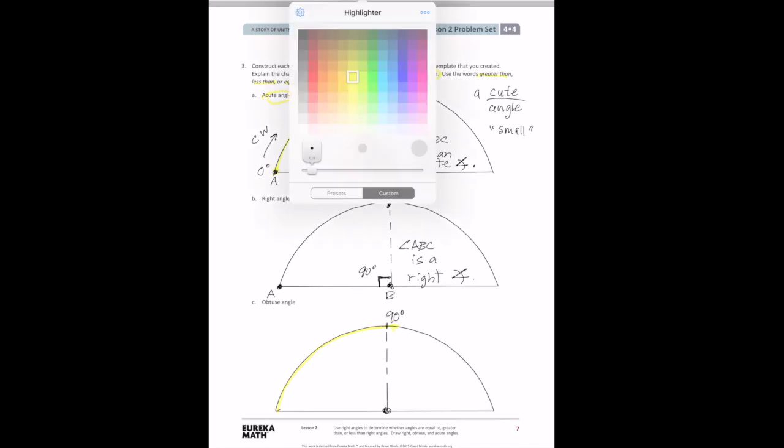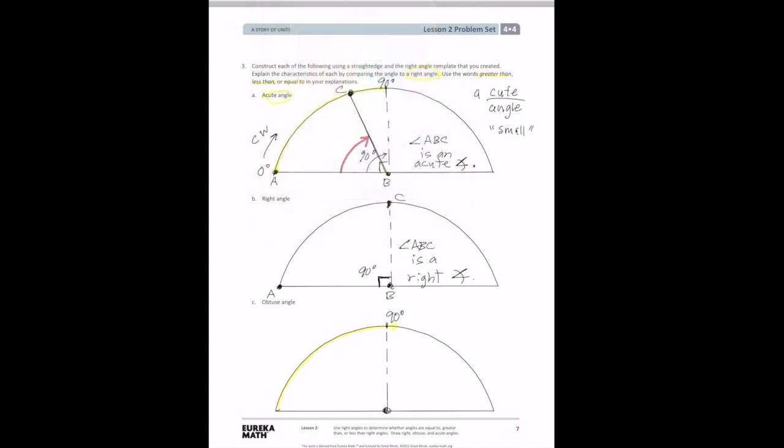So I'm going to change the color. Let's try orange. And so anything starting at 90.01 maybe even, anything beyond 90, would be considered greater than 90 and beyond.